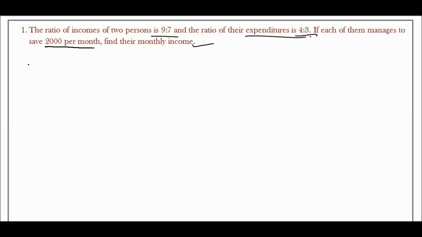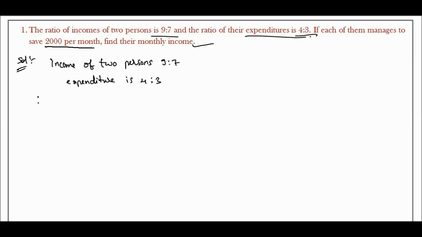So, solution. Given that the incomes of two persons are in the ratio 9:7, and their expenditure is in the ratio 4:3.